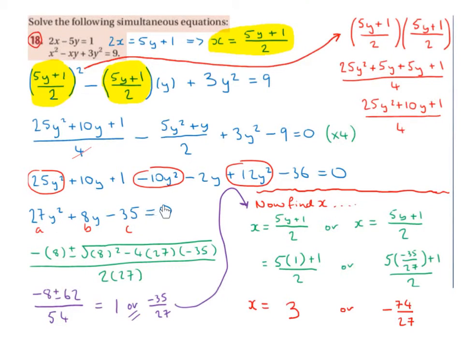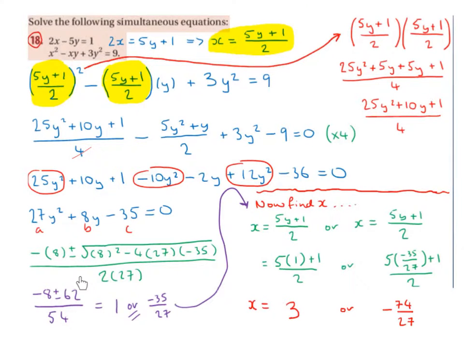Now we have a quadratic trinomial we're going to label as A, B, and C. And we're going to use our quadratic formula, also known as our minus b formula, to solve. So substituting into our formula, we get minus 8 plus or minus the square root of 8 squared minus 4 times 27 times minus 35, all over 2 times 27, which ends up giving us minus 8 plus or minus 62 all over 54.